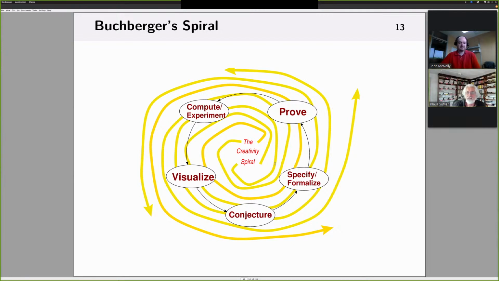Hopefully after a while, you're going to see some patterns. Once you've seen enough patterns, you can form a conjecture about what's actually going on there. Then the next step is to make that conjecture very concrete, to formalize it. And once you have a strong formalization, you go off and prove it in the traditional way.